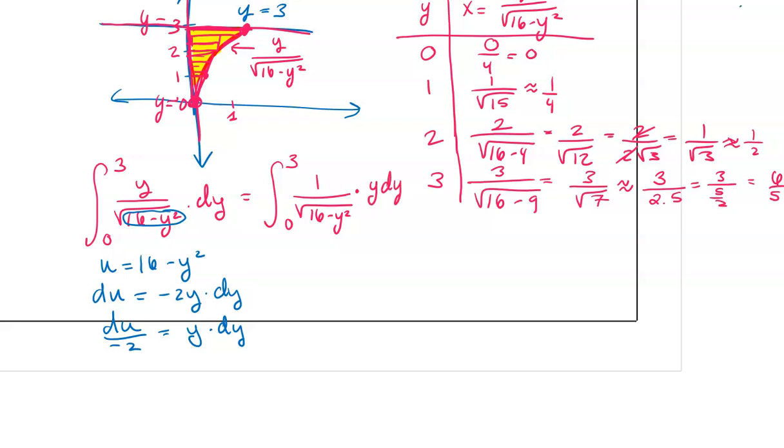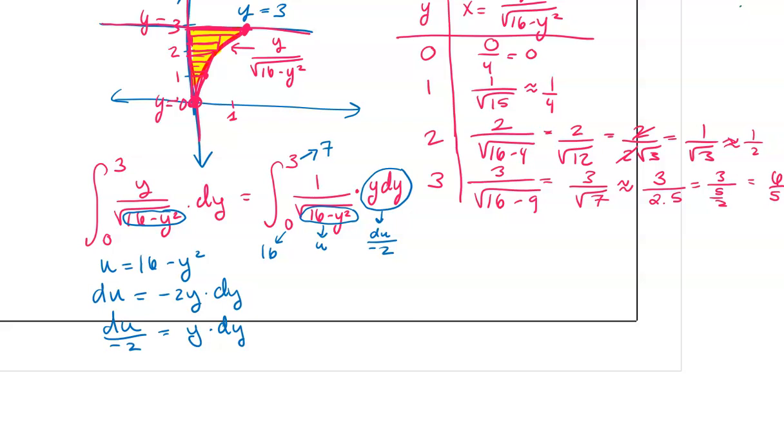So now what I'm going to do is replace part by part from y to u. So this will get replaced with u. This will get replaced with du over negative 2. The 0 will get replaced with 16 minus 0, which is 16. And the 3 will get replaced with 16 minus 9, which is 7.